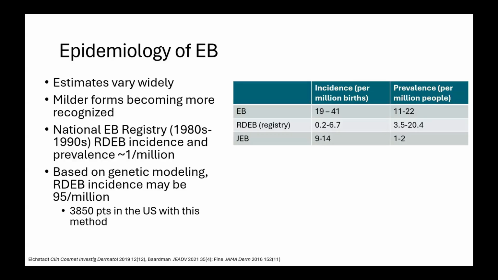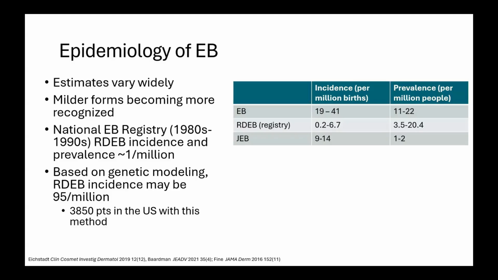And you can see in the table on the right just how widely these estimates can vary. In general, the RDEB incidence was estimated to be 0.2 to 6.7 per million live births. And now with some genetic modeling, the RDEB incidence may even be as high as 95 per million.